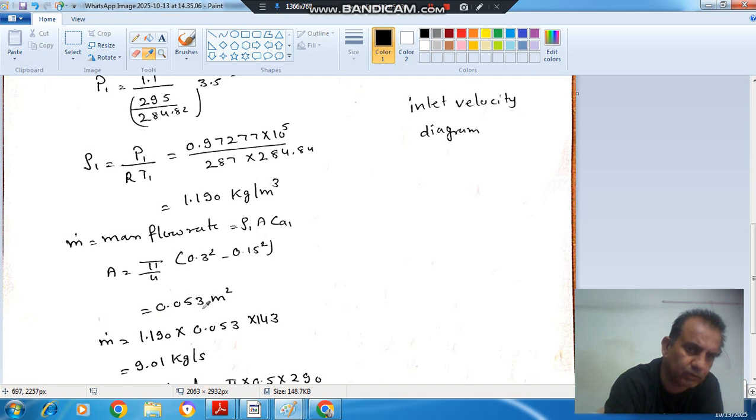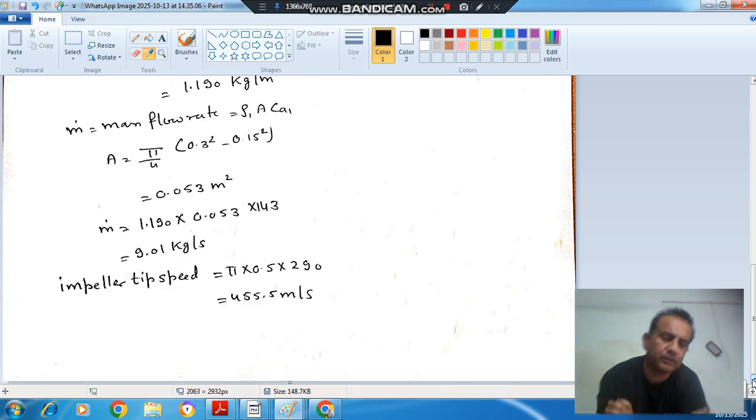It will come out as 0.053 meter square. So mass flow rate is density times area times velocity, that will be 9.01 kilogram per second. That is your mass flow rate, the answer to the first question.